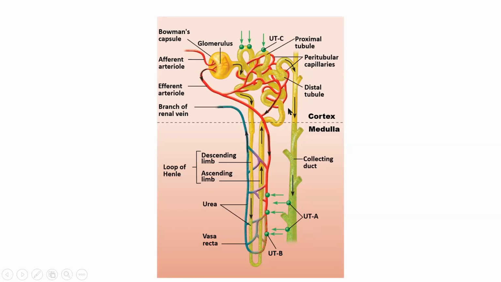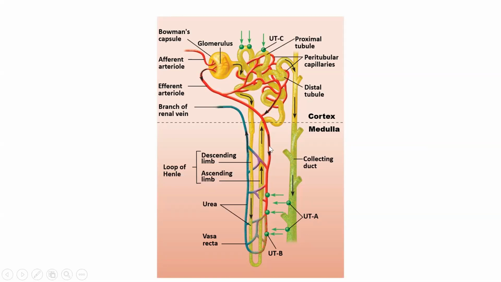The other important thing that I want to point out here is the anatomical orientation of the vasa recta. So we spoke about the vasa recta. We said that it's this network of capillaries that kind of entangles or interweaves around the loop of Henle.